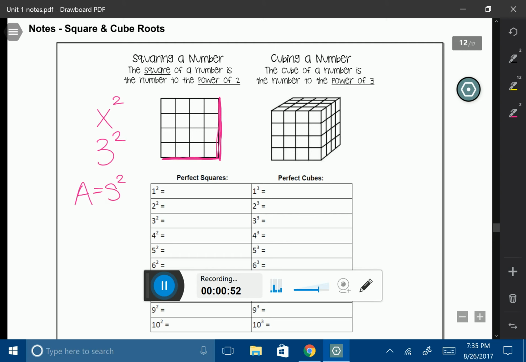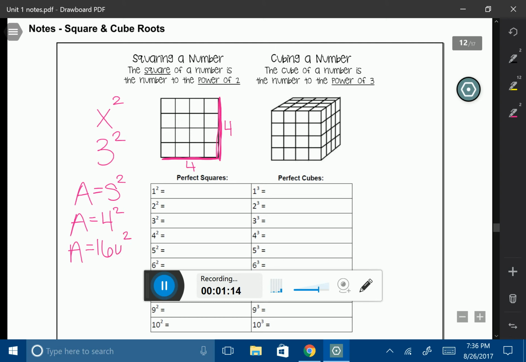So really what we're doing is we're taking that side length. In our case, our side length is 4, and the one over here is 4 as well. And we're saying A equals 4 squared. And when we do that, we get A equals 16. And that would be units squared.